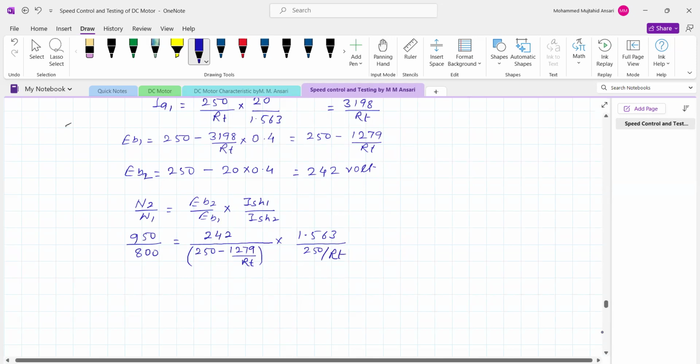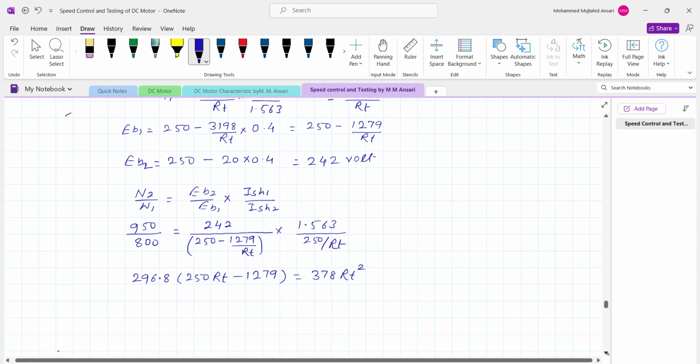Now if we solve this equation, after simplification it becomes 296.8 into bracket 250 RT minus 1279 equals 378 RT square. So it is a quadratic equation.